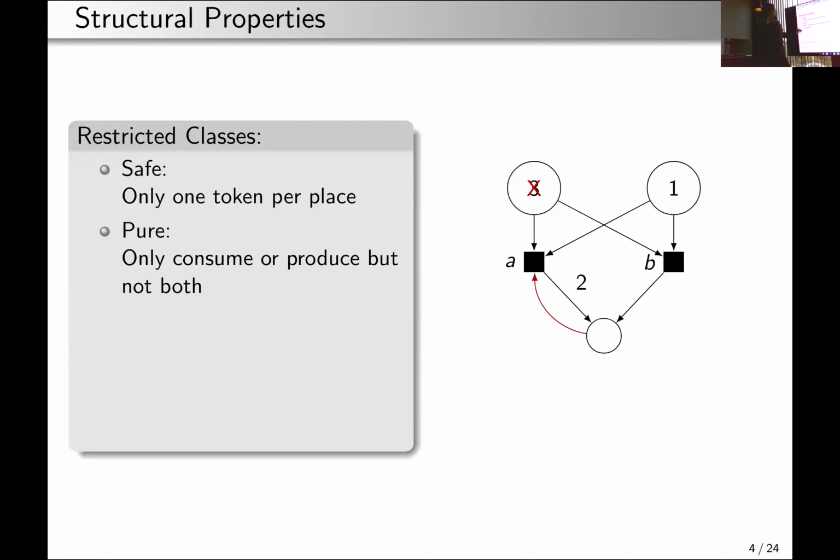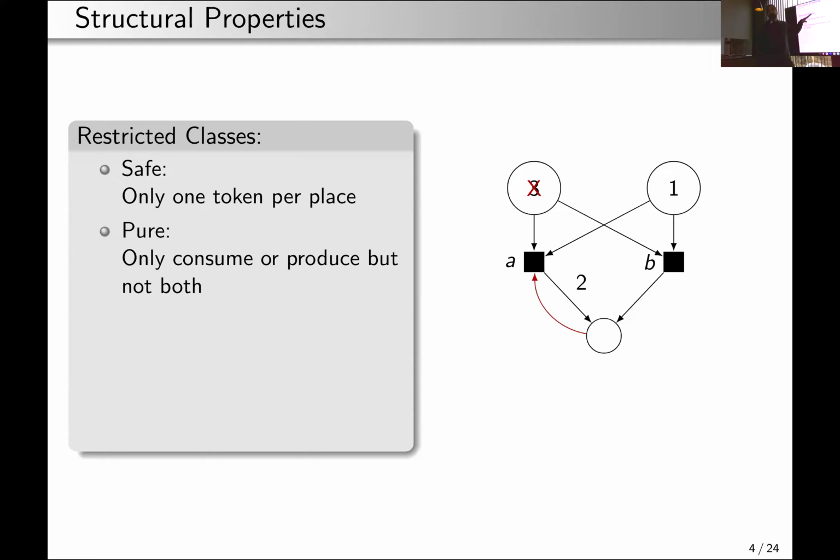Another structural property that's very relevant is when the net is pure. So the net is pure when, given a pair of transition and place, the edge only goes in one direction. Okay, so if I have an edge going from a transition to a place, then there cannot be an edge feeding it back. And this will be very important in terms of complexity later.